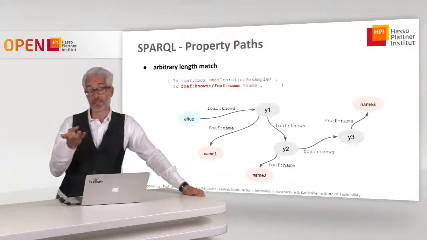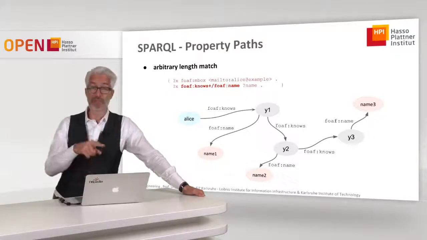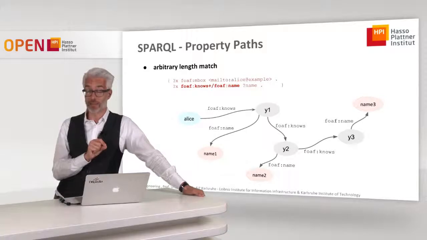And usually it also depends on the implementation. Of course, care should be taken. If there are cycles, then of course the implementation of exactly that SPARQL endpoint should also be able to detect cycles.